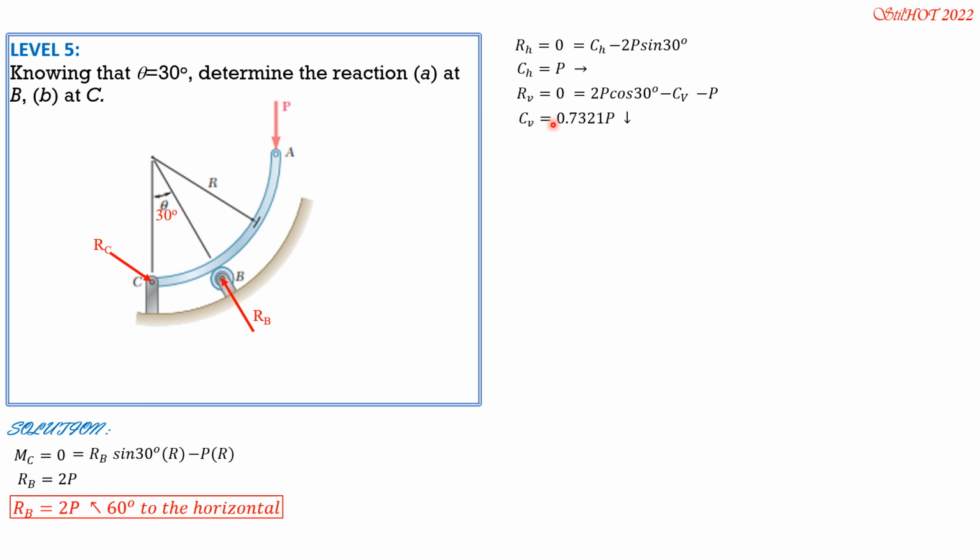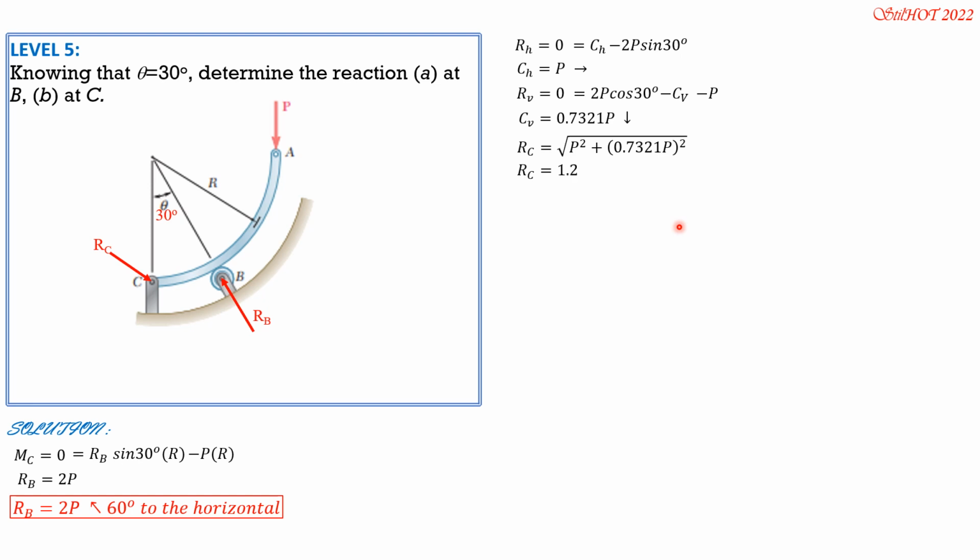Therefore, the reaction at C is the square root of P squared plus quantity 0.7321 P squared.